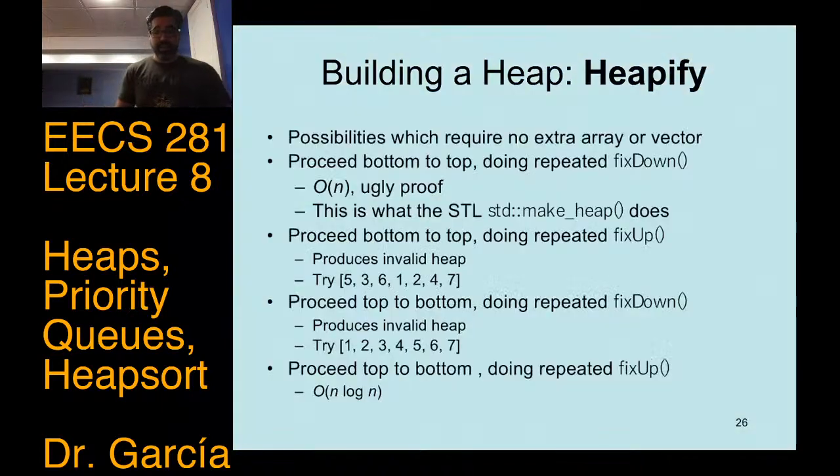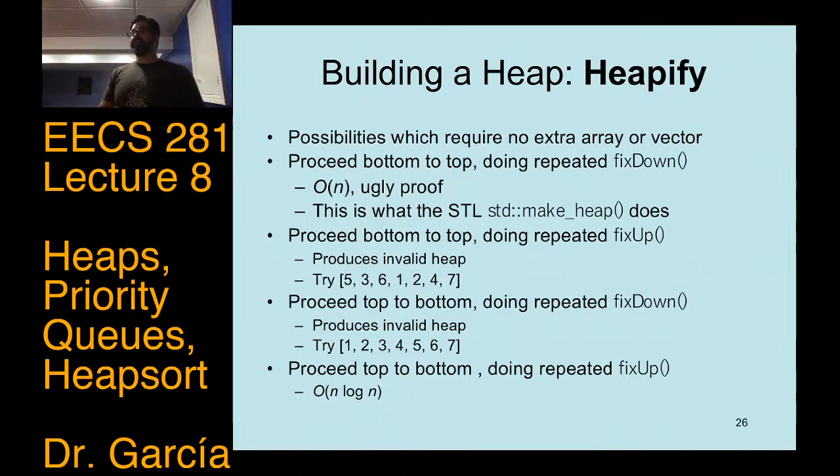There are actually 4 different ways that you could do this. 2 of them would not work because there's no real way to maintain the heap invariant consistently. 2 approaches would produce a valid heap, but one is more efficient than the other. The approaches are called bottom to top and top to bottom.